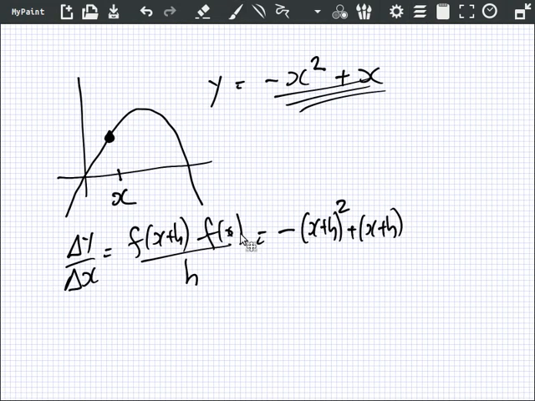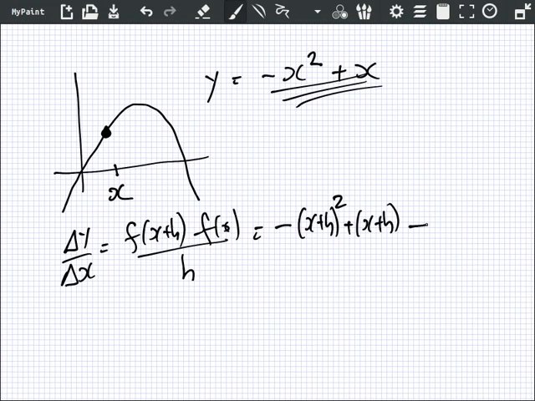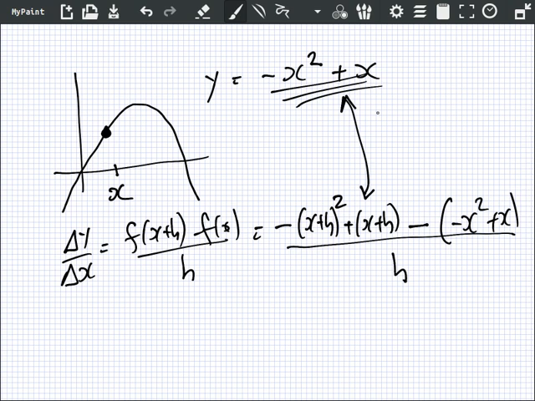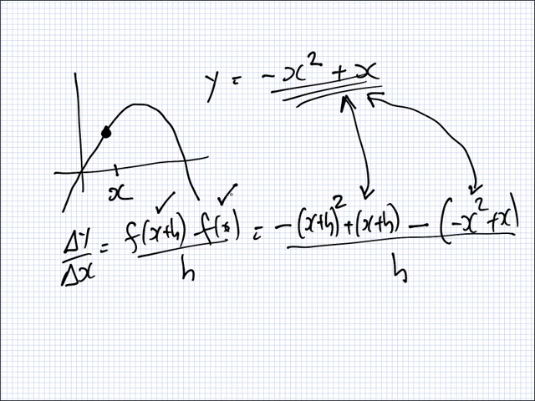And then minus f(x), which is minus x squared plus x, all over h. Just to be clear, this is that, but I replaced the x with x plus h, and this is that, but I just kept it as x.